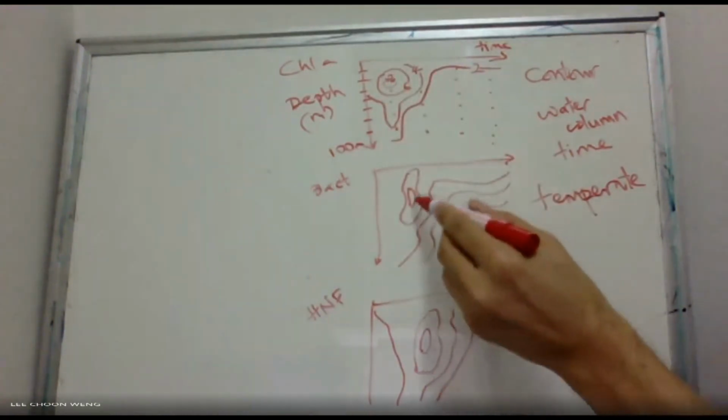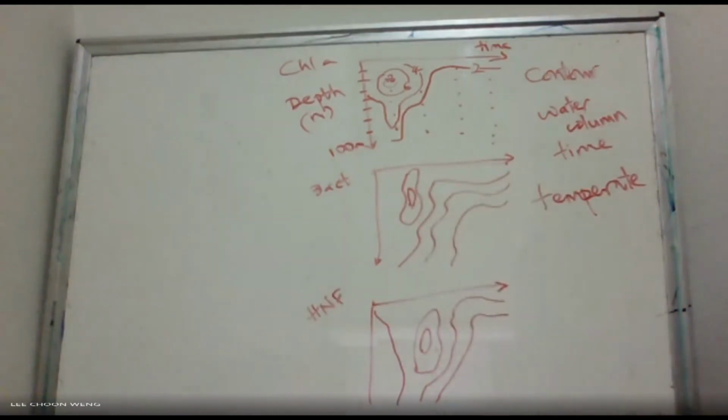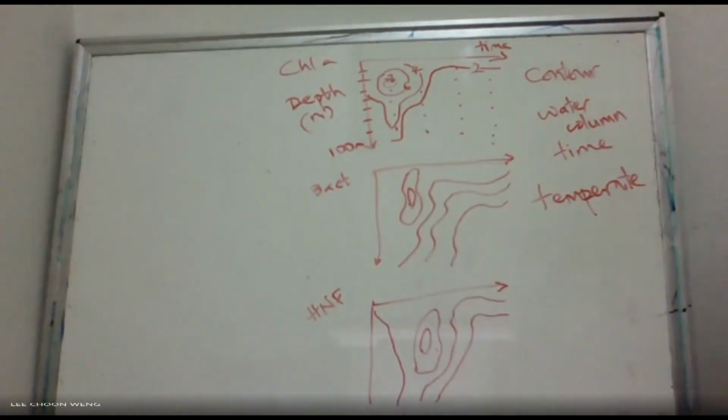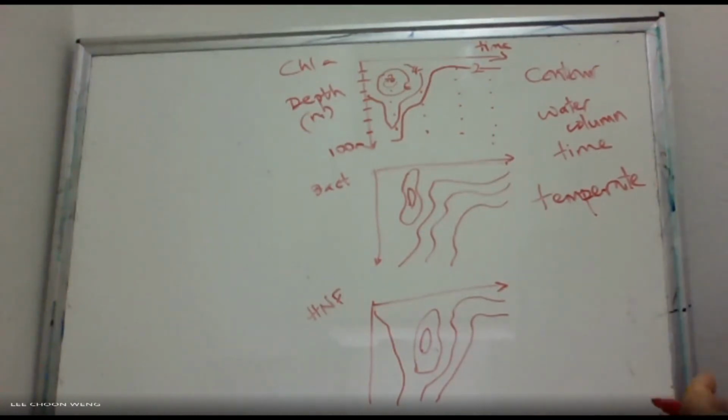Okay, then you see a bacterial increase after the phytoplankton bloom, and then later a protozoa increase. So from there, people began to accept the marine microbial food web. Okay, they began to accept it because the observations from the field fulfill the relationships between the different components.